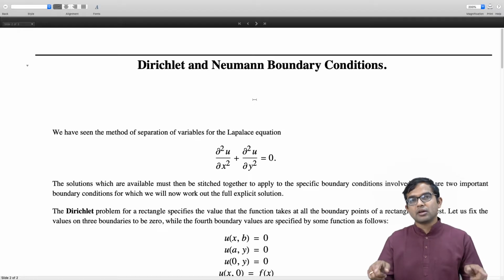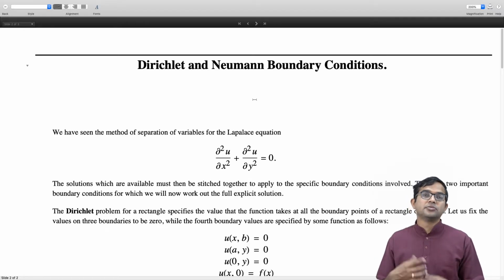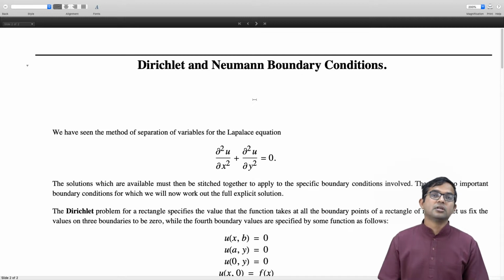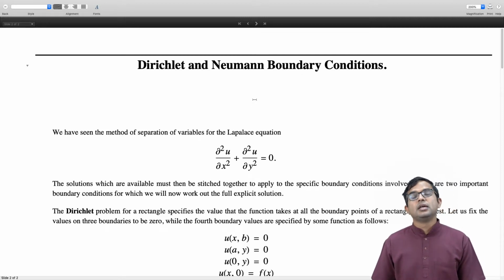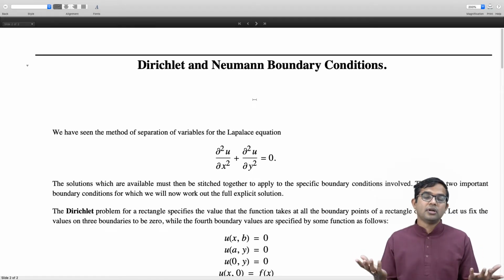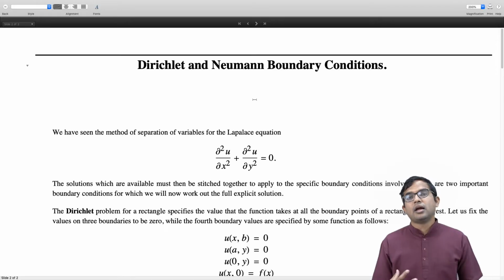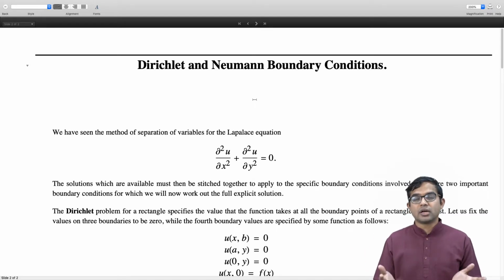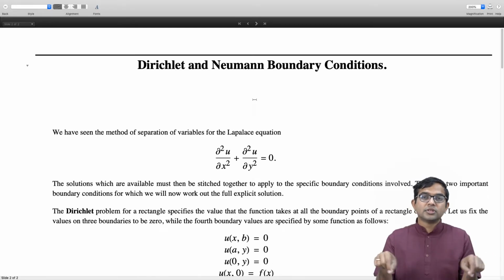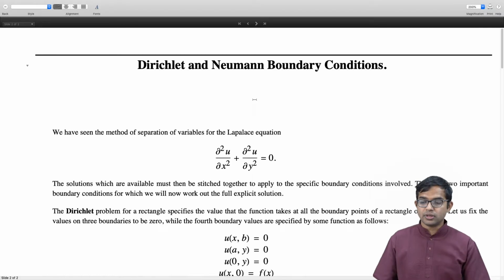So you have a rectangular curve, and for example, we are interested in finding the electrostatic potential inside a rectangular region, and we are given the value of the potential at every point on the boundary. Our job would be to solve the Laplace equation within the rectangle, ensuring that phi of x comma y takes the particular values specified on the boundary.